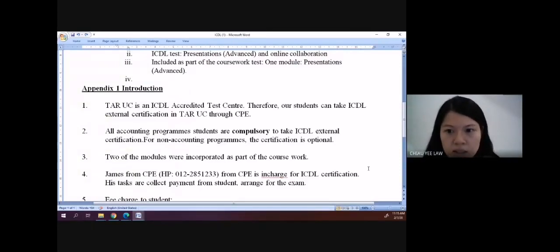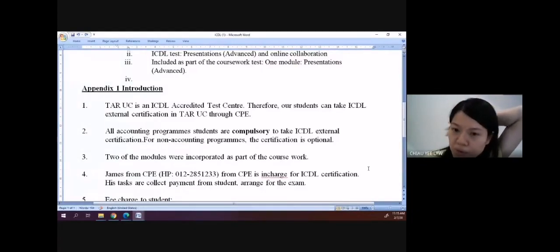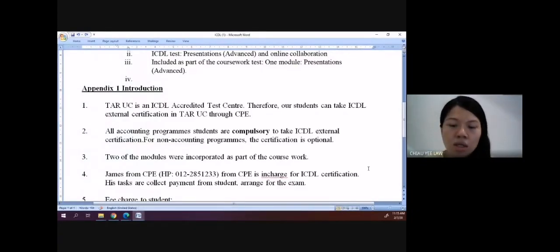Class reps take care of your own class, compile everything, and pass to the course rep, then the course rep deals with Mr. James, because he has to deal with DAC, RAC, and RPA, about 1,005 to 2,000 students. Individual students tell your class rep, compile everything to the course rep, then pass to James. The money will not go through lecturers or tutors. It will go through the UC.